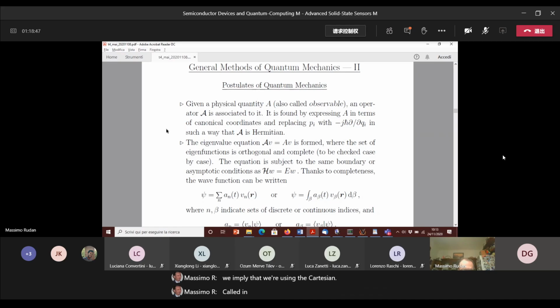But for instance, we may choose to use the spherical coordinates, okay? That are different from x, y, and z, but yet they are good coordinates anyhow. So in classical mechanics, one uses a more general symbol to denote any set of position coordinates that we want to use, and this symbol is Q.